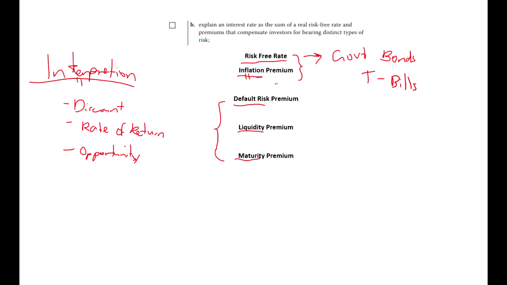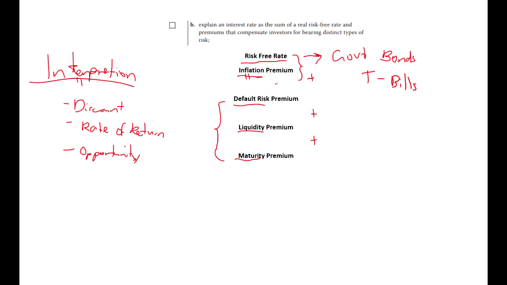So the returns on other investments such as shares are priced as a sum of all these three other premiums plus the risk-free rate. Because if our share was giving us a return that was less than the risk-free rate, we'd just invest in the risk-free asset and we wouldn't bother investing in the share and taking on more risk.